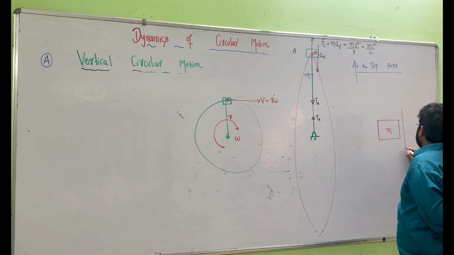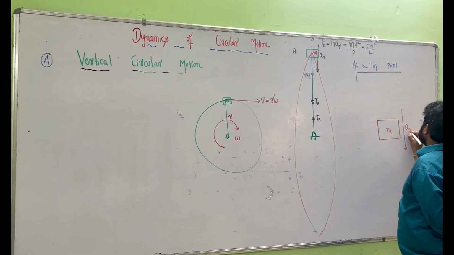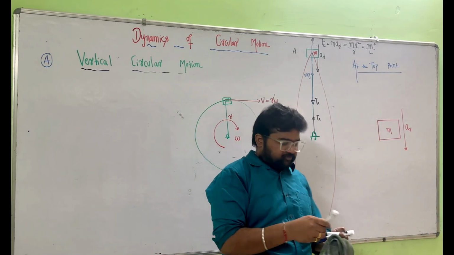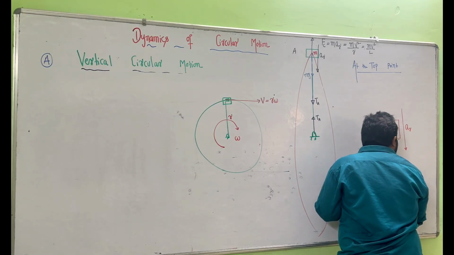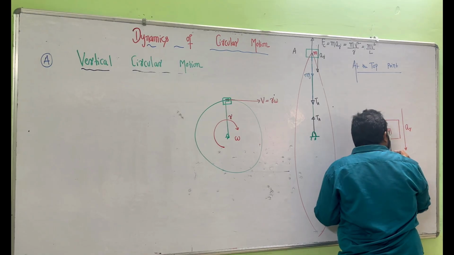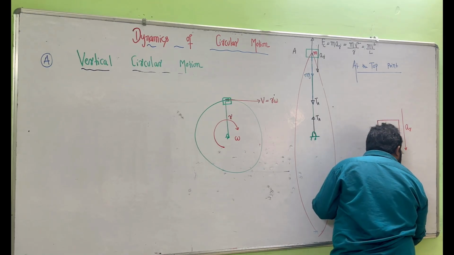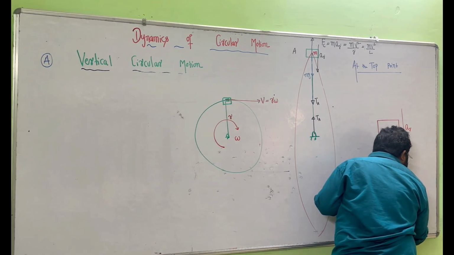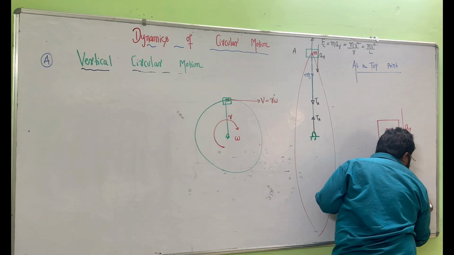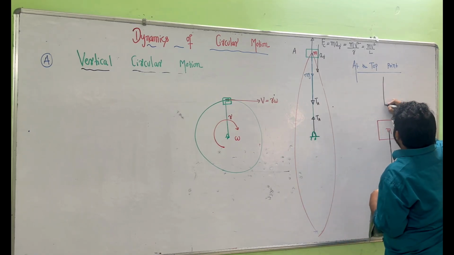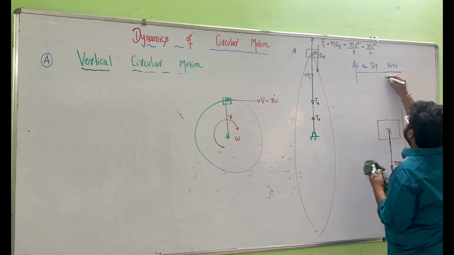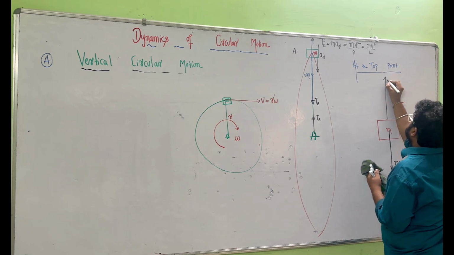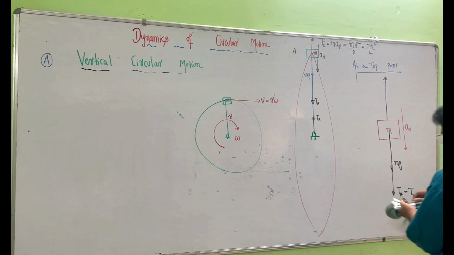Radial acceleration is always towards the center of circular motion. Weight is always vertically downward. This tension is the minimum tension. Centrifugal force is always away from the center of circular motion.